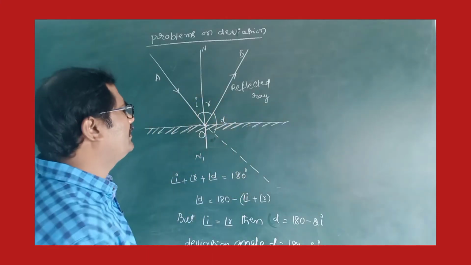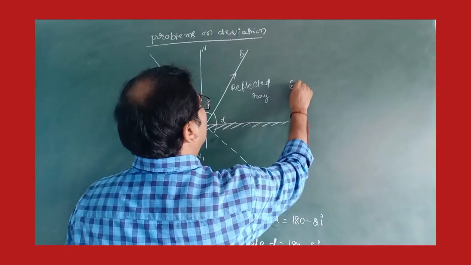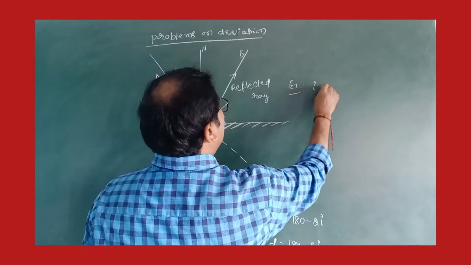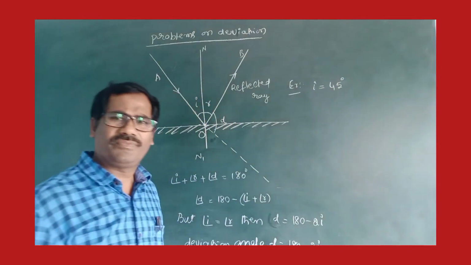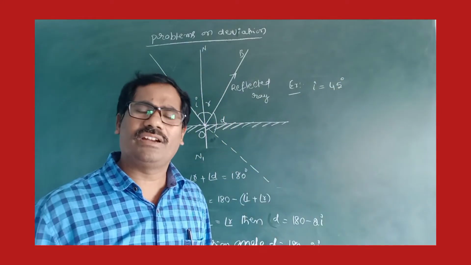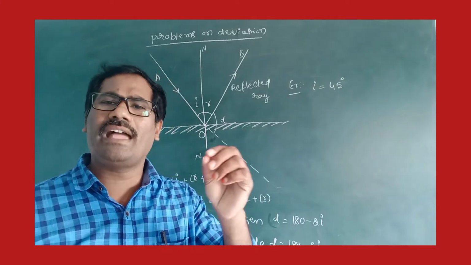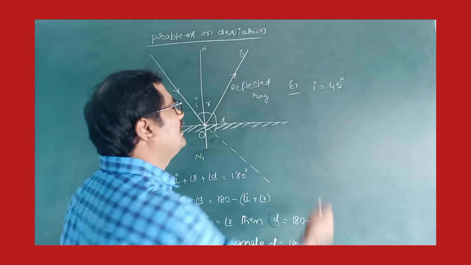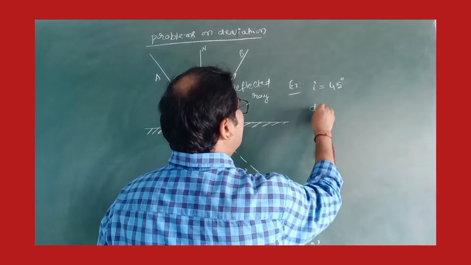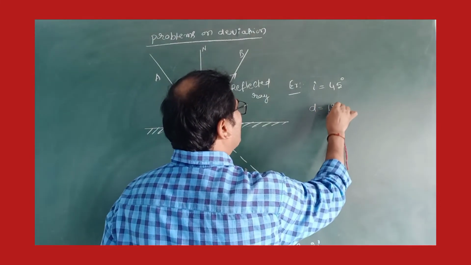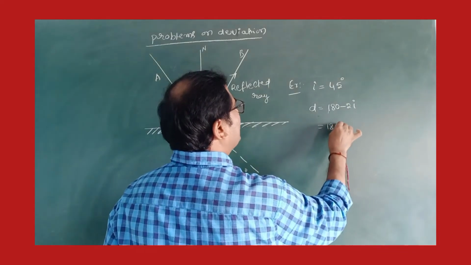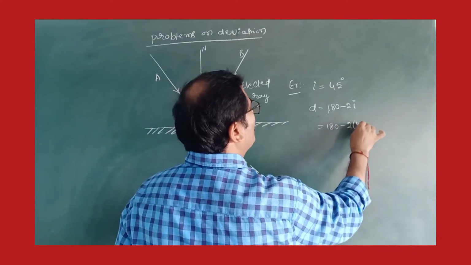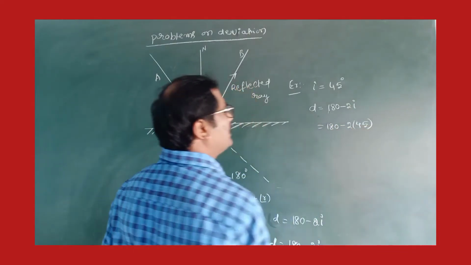For example, the incident angle is 45 degrees. What is the angle of deviation? Angle of deviation D is equal to, what is the formula? 180 minus 2i. 180 minus 2 into the I value, 45 degrees.